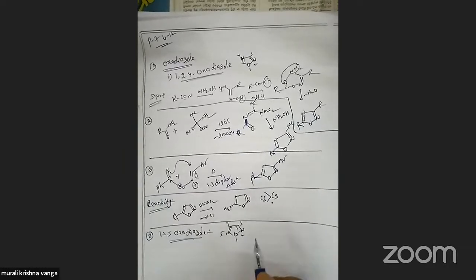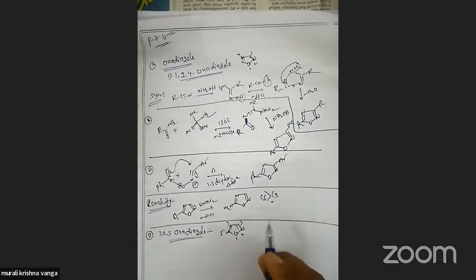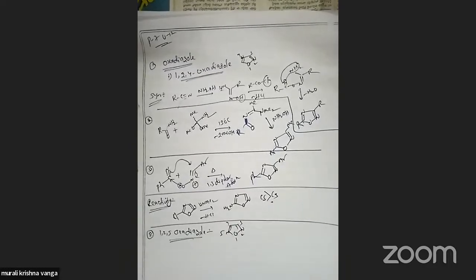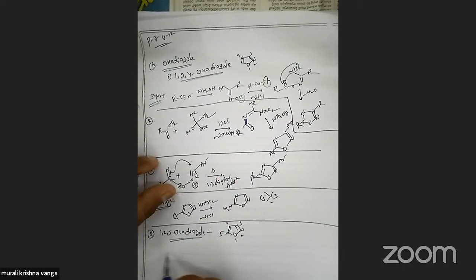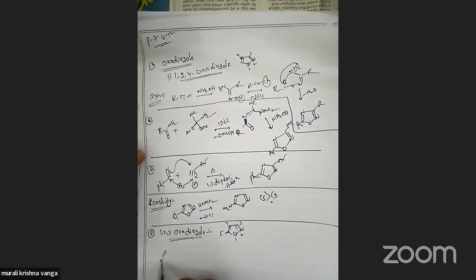Now the synthesis of 1,2,5-oxadiazole is from 1,2-bis oximes.